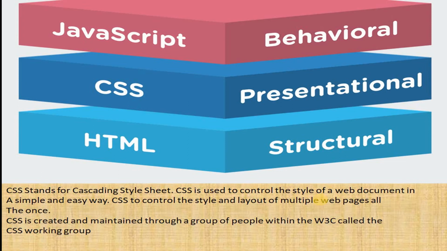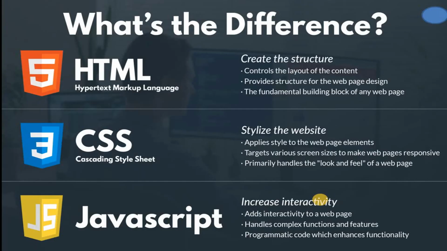Now, in order to start coding for your CSS, you need to understand another thing clearly. What are the different layers that we pass through in order to become a web developer or designer? First we started with HTML. That creates the structure, the layout of the web page design.